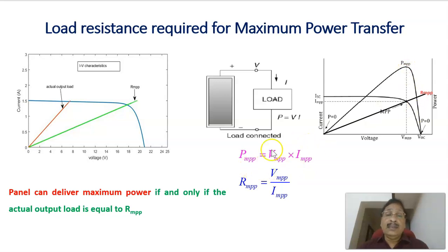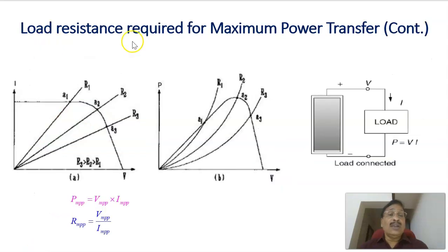Here again, the maximum power equals VMPP times IMPP, RMPP equals VMPP divided by IMPP, and the panel can deliver maximum power if and only if the actual output load resistance is equal to RMPP, the resistance at the maximum peak power.